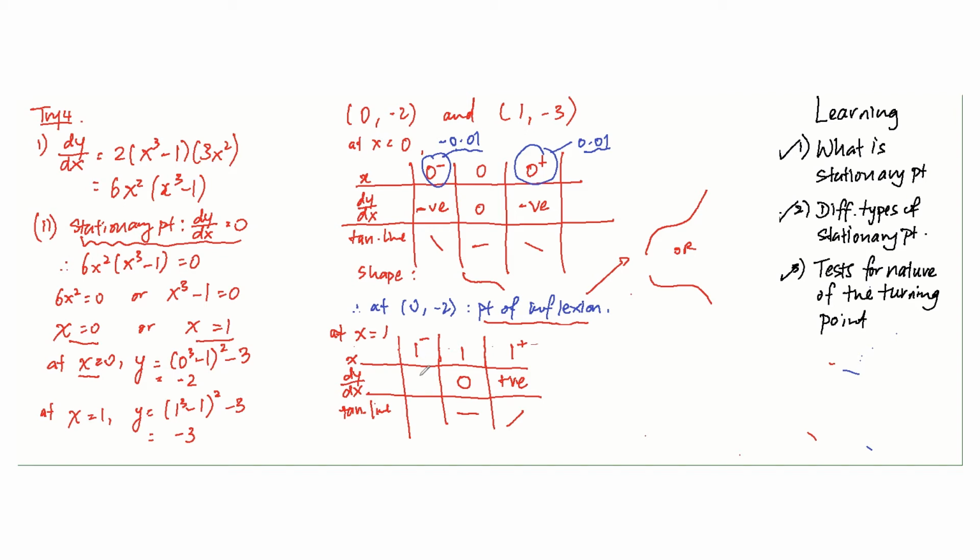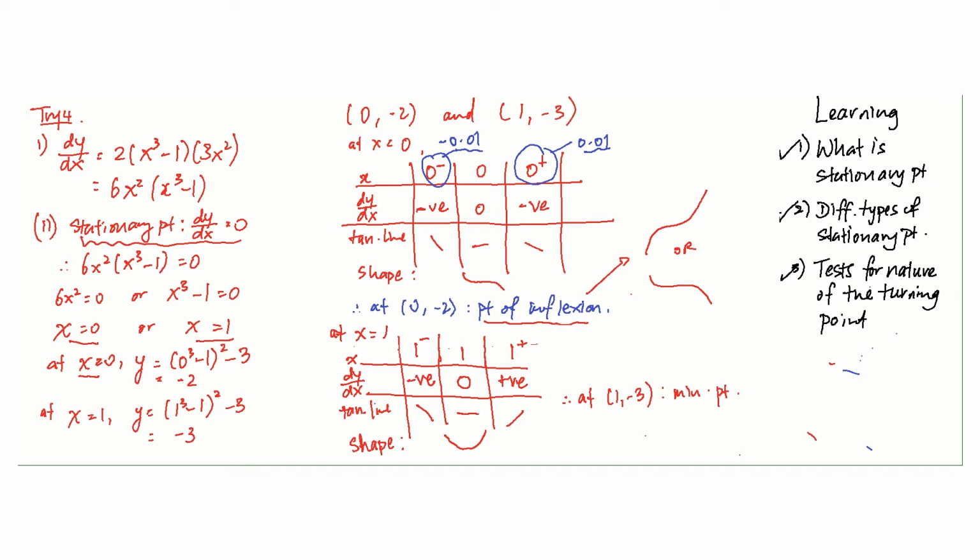Sub into dy dx, you should get a negative value and a negative gradient over here. And therefore, the shape in this case should be a minimum point. So at (1, -3), ladies and gentlemen, we actually have a minimum point.